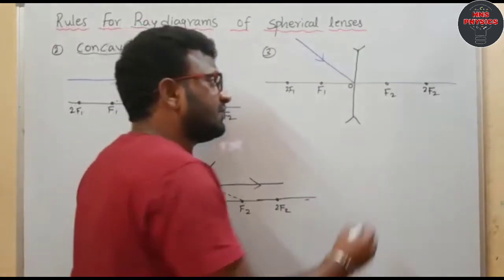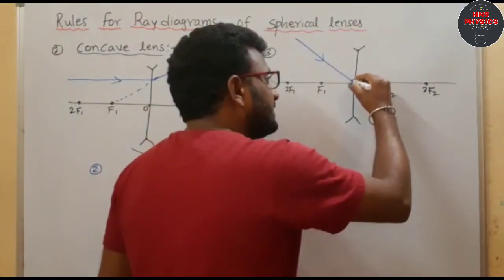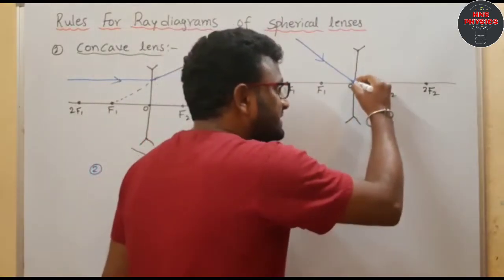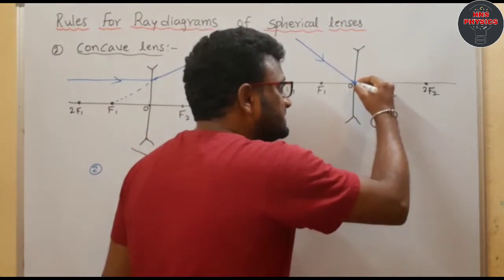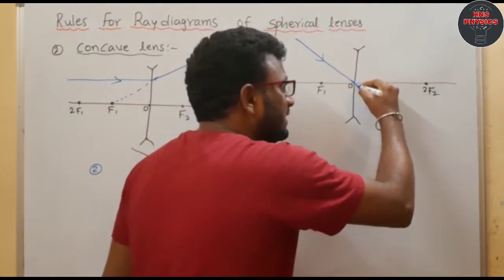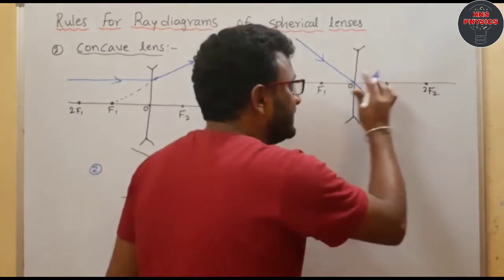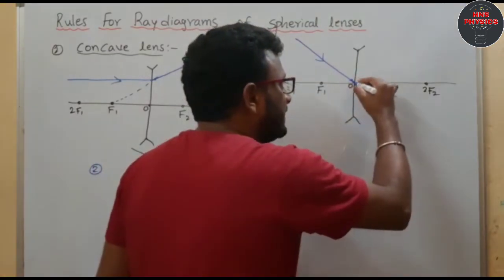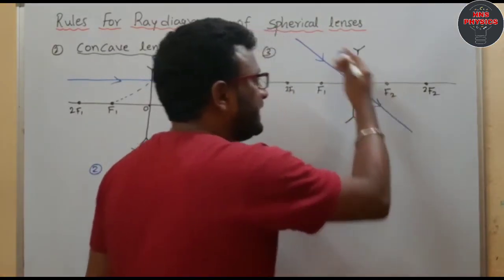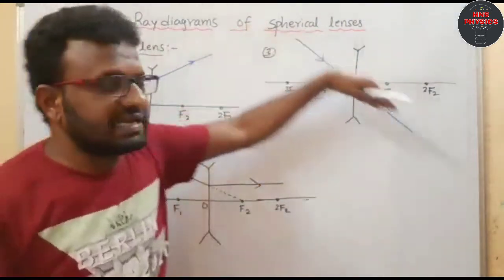So after the refraction, the ray emerges from the concave lens without any deviation. That means the ray passes like a straight line.